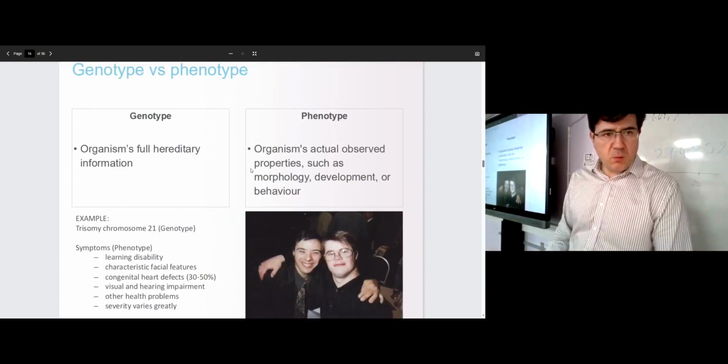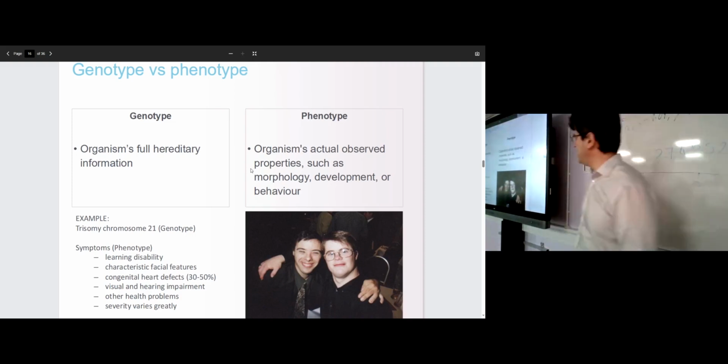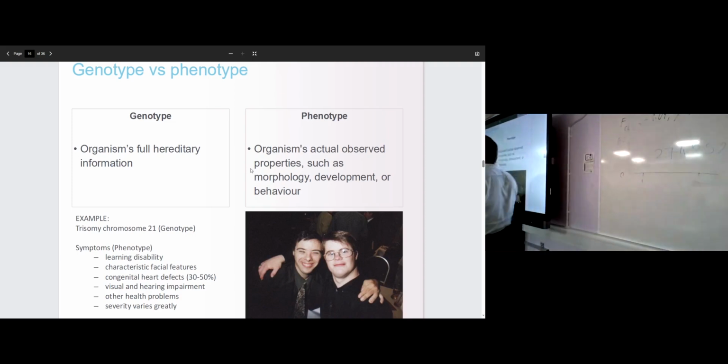So what's the difference between genotype and phenotype? Genotype is really what we see at the level of the DNA, and phenotype is what we see at the level of the person or organism. So here the phenotype is trisomy 21 or Down syndrome, but you can have many different types of symptoms or phenotypes.